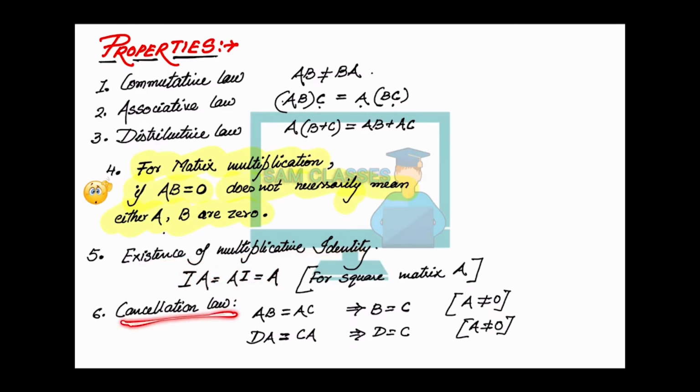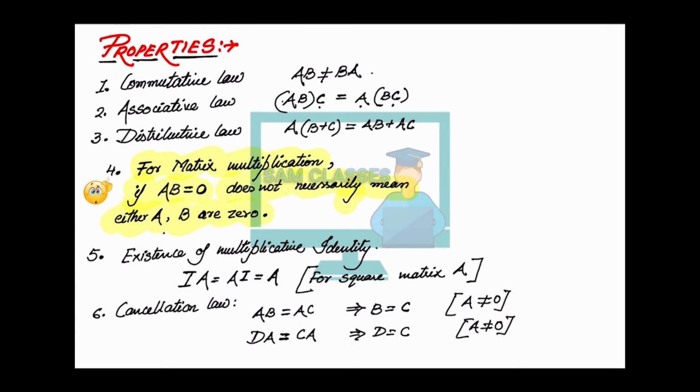What is the cancellation law? This we use a lot, but we don't know how to do it or why we use it. If you see good books on properties, you'll be able to understand the advanced ones. I have picked up a few which are needed for the KCET part.